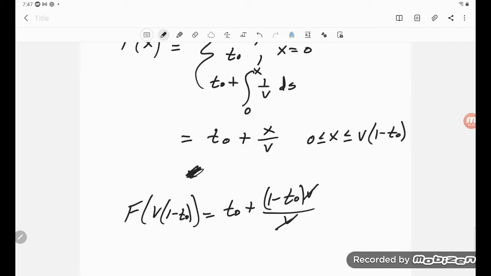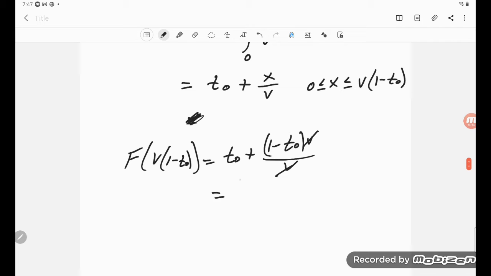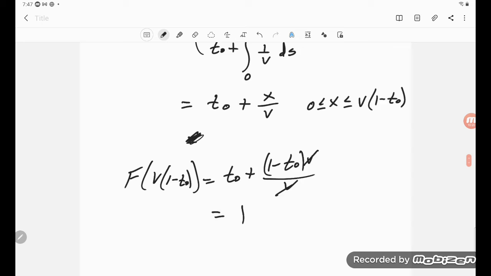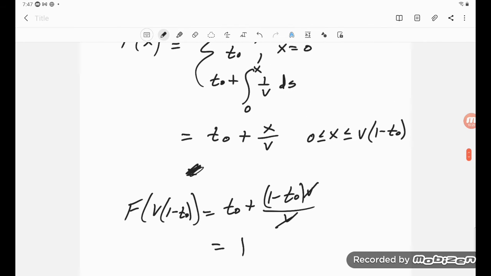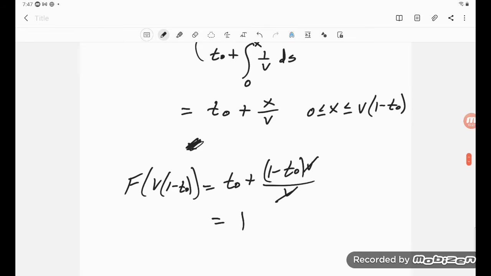Well, those cancel, and we just get the t0s canceling, and we get 1, just as we should. And so, yeah, the textbook, they just had those backward. Not sure how that happened in their write-up for the problem, but in that solution, they just had those backward.